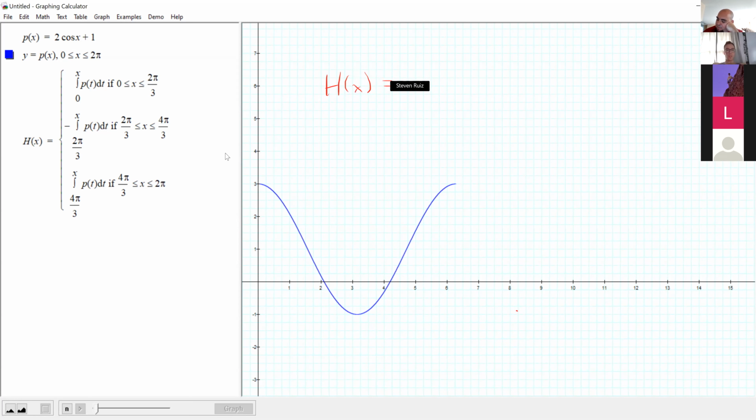I absolutely agree for the first part, so I'll just copy it. So from 0 to x of p of t dt for x between 0 and 2 pi over 3. But let's say I have an x value that's between 2 pi over 3 and 4 pi over 3.